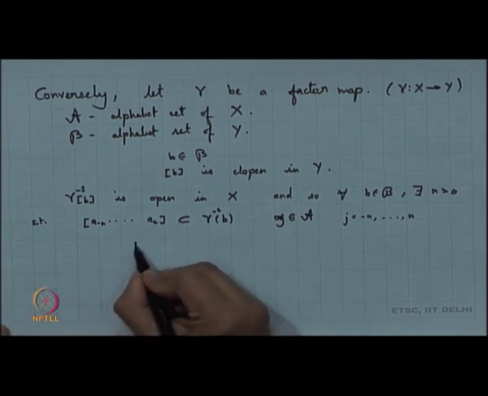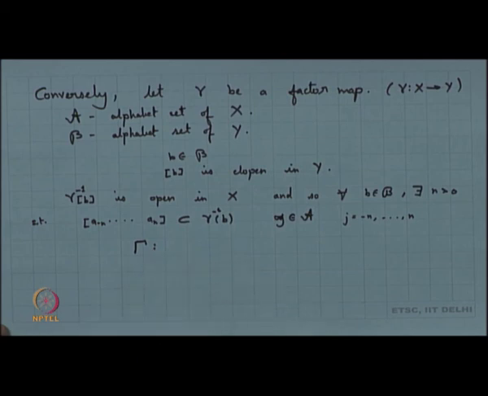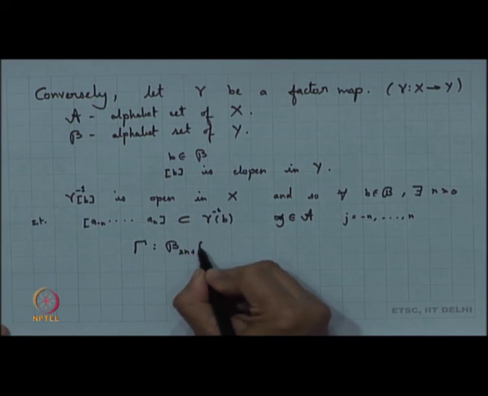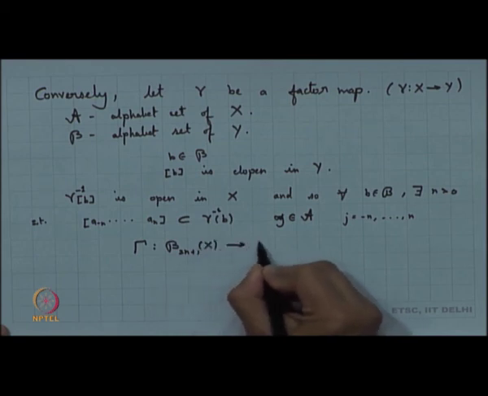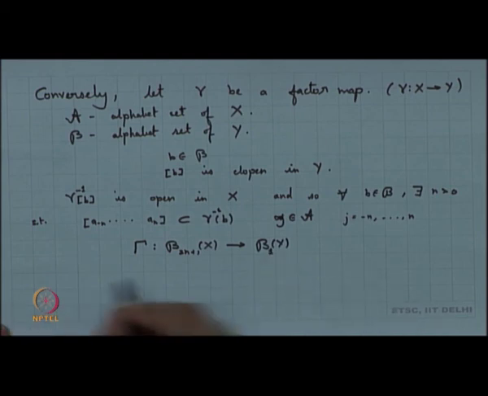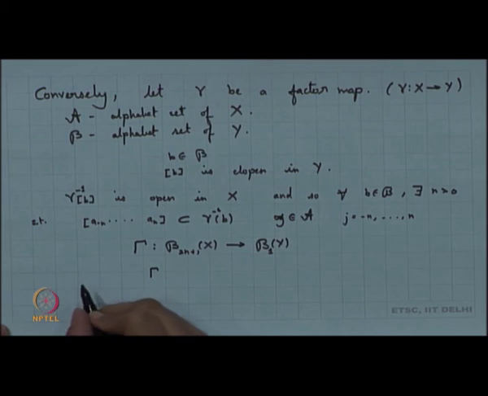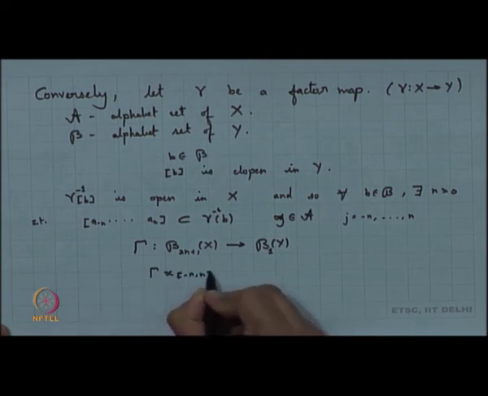So, we start with this map gamma from B of n plus 1 of x to B1 of y, which is defined as gamma of x from minus n to n.